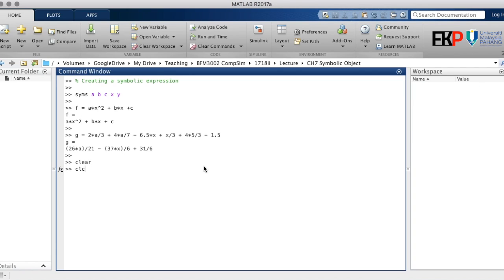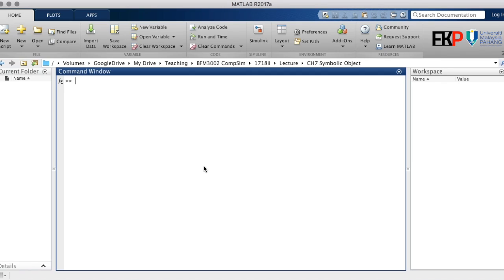Now let's clear this and see how we can put exact values in symbolic operations. Let's say we define A equal to sym of 3, and then we define B equal to sym of 5.